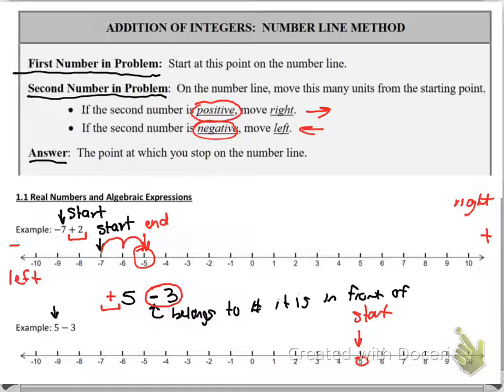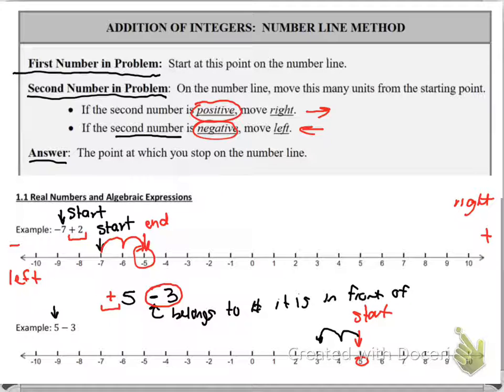Then, what's going to tell me where to end is the 3, because that's going to tell me which direction to move in. This time, my second number is negative, so that means I'm going to move 1, 2 spaces to the left. Oh, I'm sorry, guys. I should have gone 3 over.